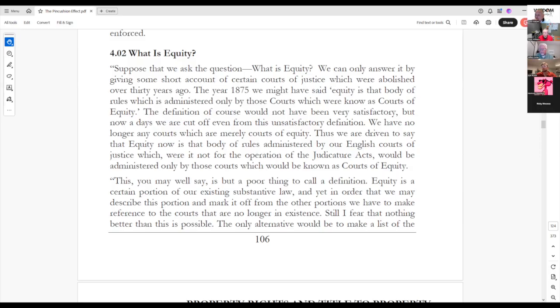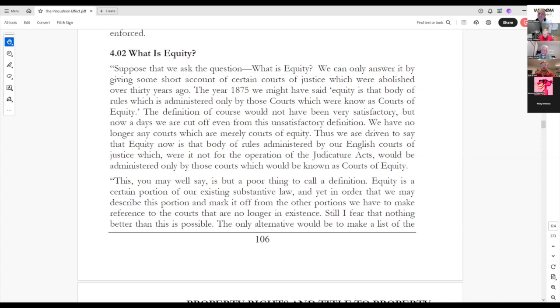There was no law being broken. There was no law to dispense, and so they would shoo them away. Get out of here. We can't help you. And they were crying to the king, "Hey, we've got to get some relief." So the Archbishop of Canterbury set up the Chancery Courts and started dispensing equity.